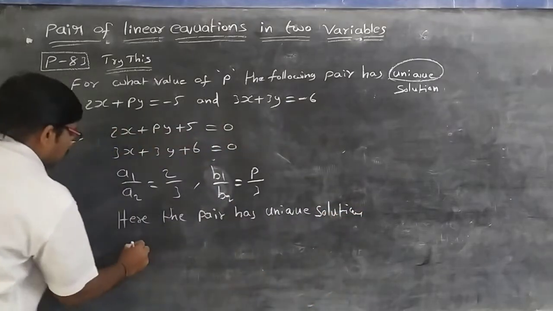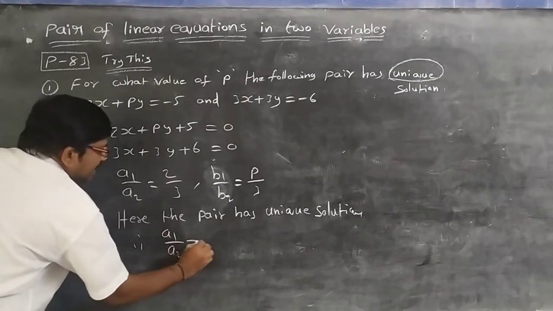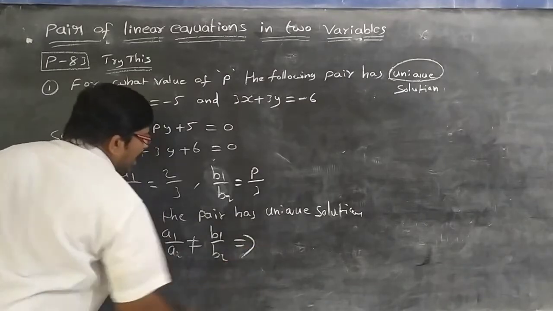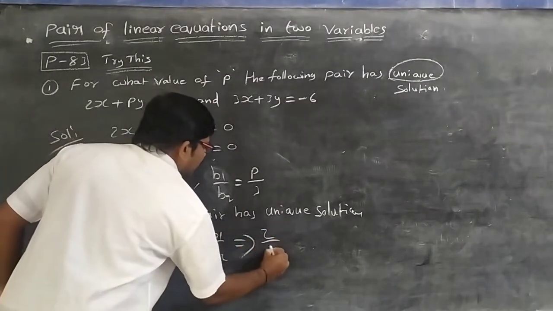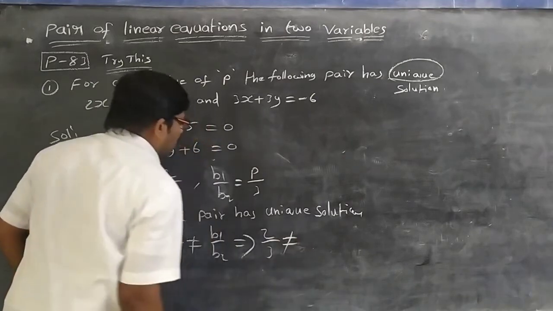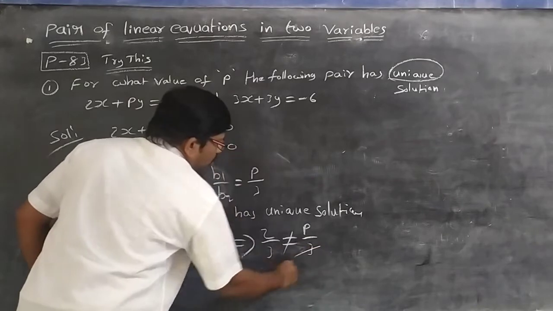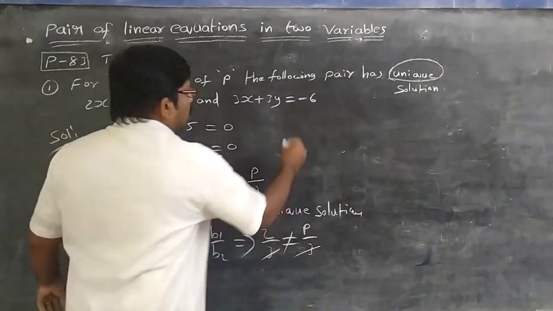Therefore a1 by a2 does not equal b1 by b2. That implies 2 by 3 does not equal p by 3, right? The 3s on both sides get cancelled. Here 2 does not equal p.